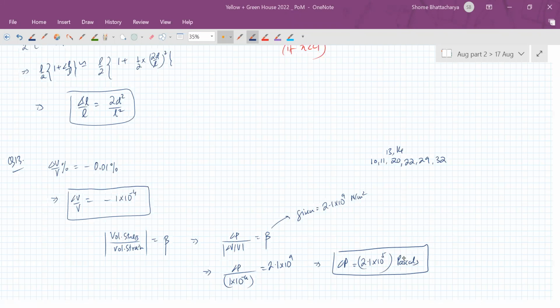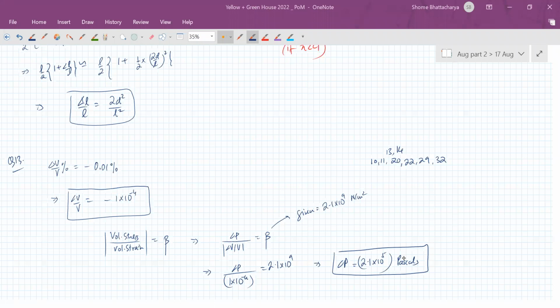So moving on to the 14th question. Just go through the 14th question. There you have to apply the concept that at a certain depth underwater, the excess pressure is the hydrostatic pressure rho gh. So it's like a reverse of this question. There you know the excess pressure. From that you calculate the volume strain.